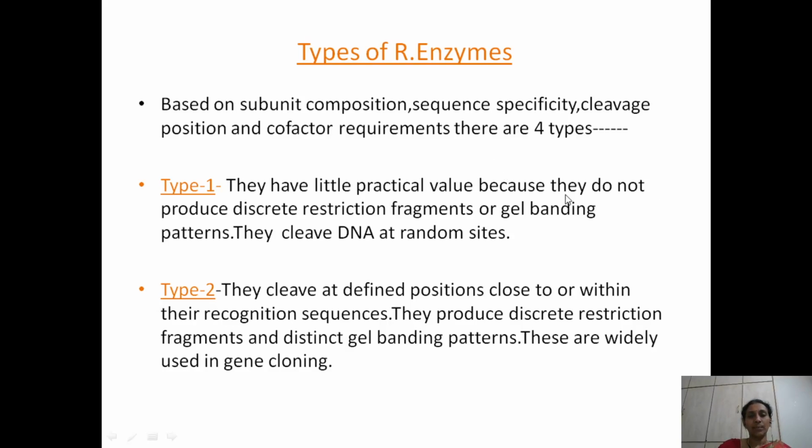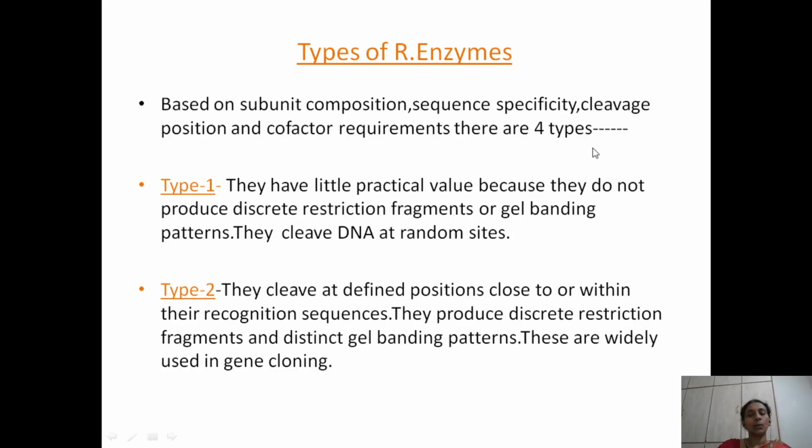First one is type 1 restriction enzymes. They have little practical value because they do not produce discrete restriction fragments or gel banding patterns. So these type 1 enzymes are not very important because they are not used in rDNA technology. Why are they not used? Because they do not give discrete restriction fragments.